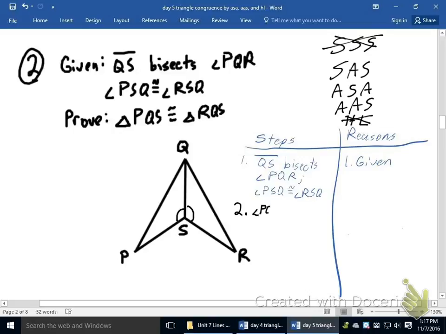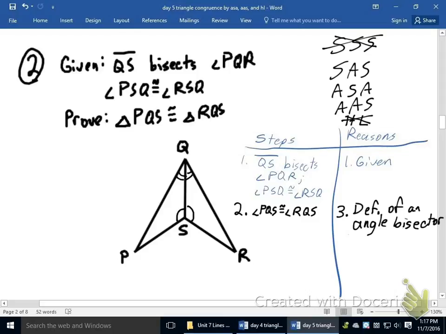Angle PQS is congruent to angle RQS, since angle PQR got bisected. This is the definition of an angle bisector. Had to use that in the last unit. Hopefully you recall it.